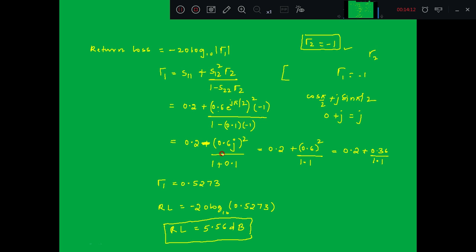And the third point is we have calculated the return loss at port 1 when port 2 is short circuited. Is that clear? Okay. So I will give one more example you can solve. Only the matrix is different, the concept remains the same.